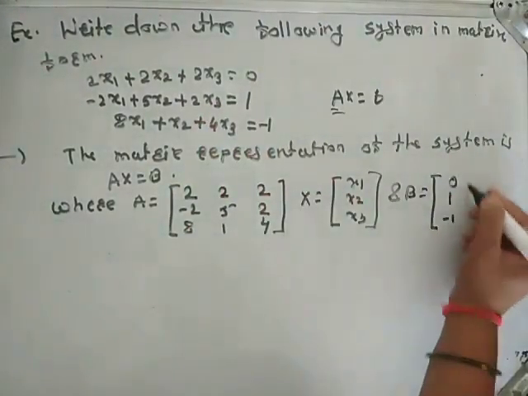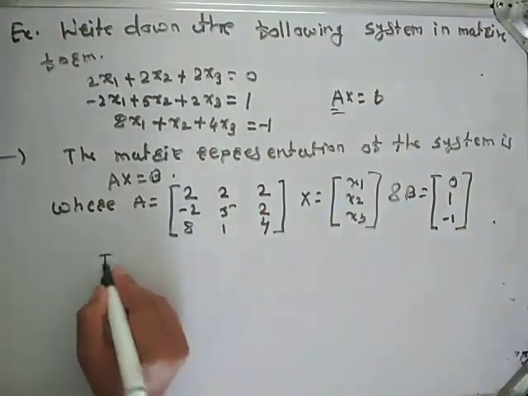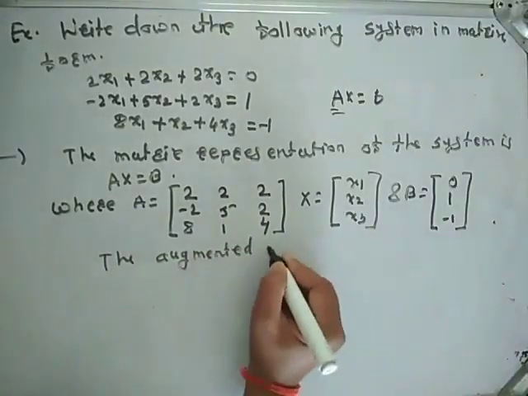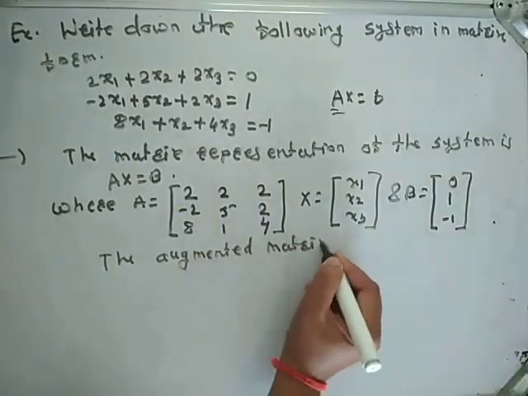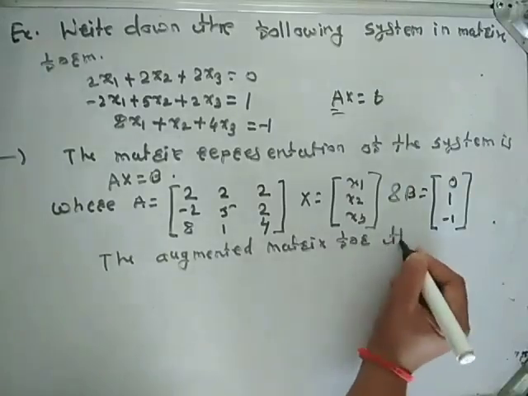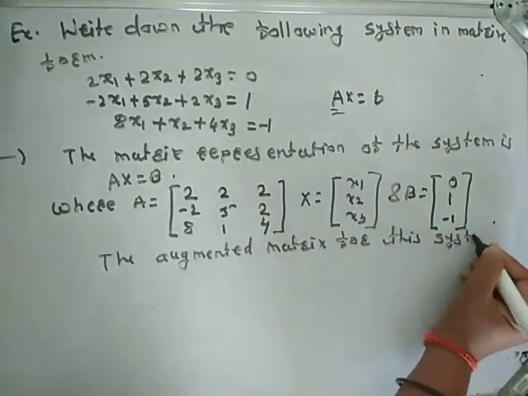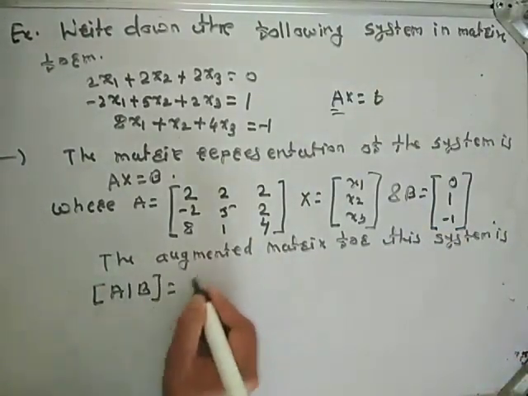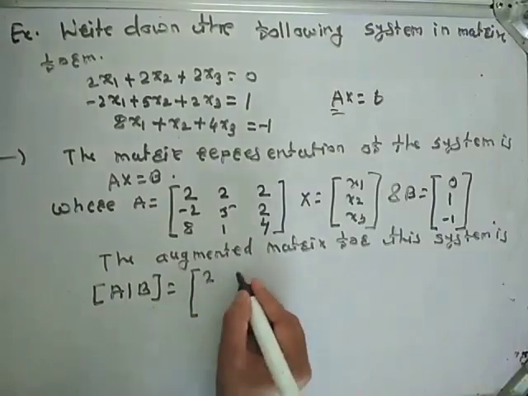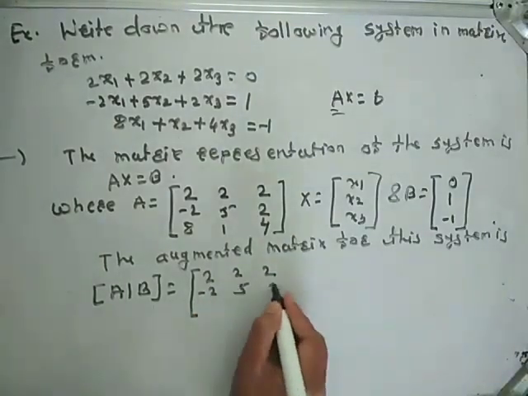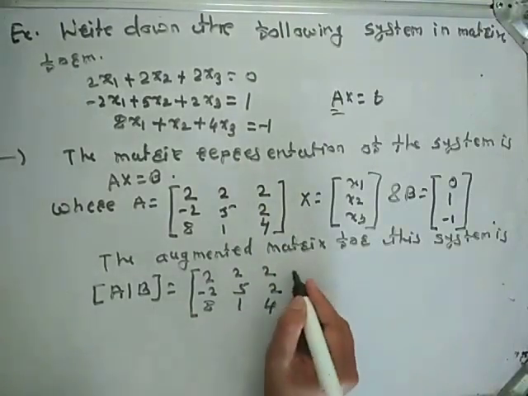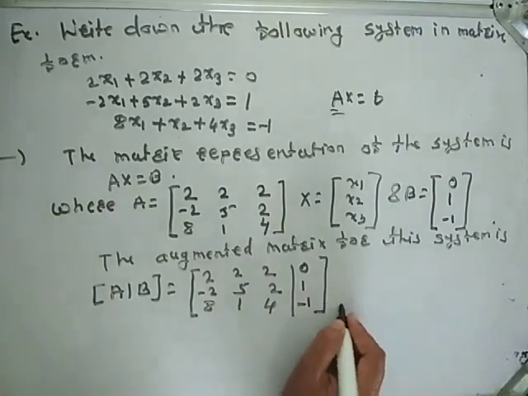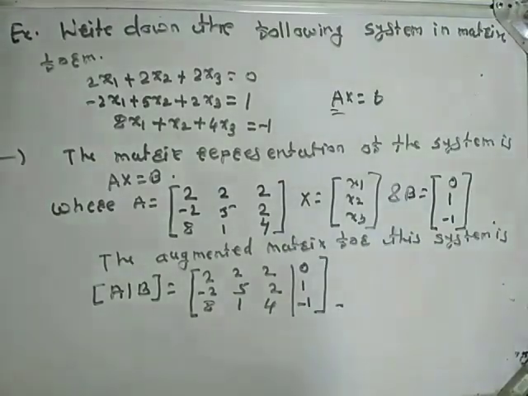These are 0, 1, minus 1. Okay, the augmented matrix for this system is equals to, first write down A, draw a line and then write down B, 0, 1, minus 1. This is the augmented matrix for the given system.